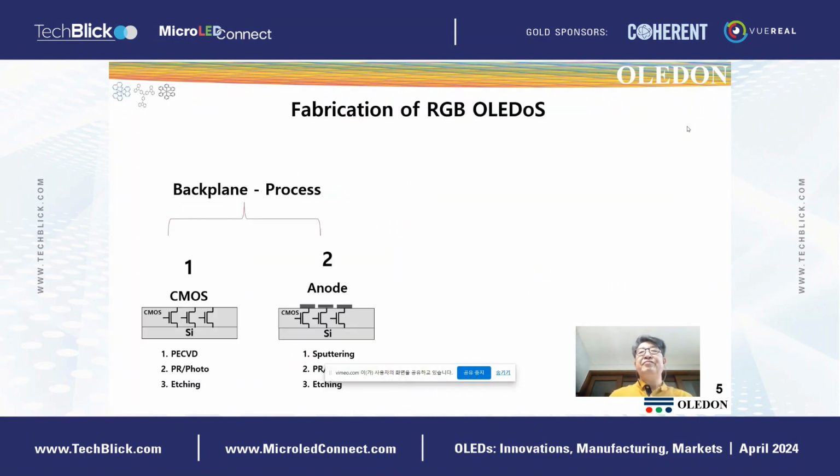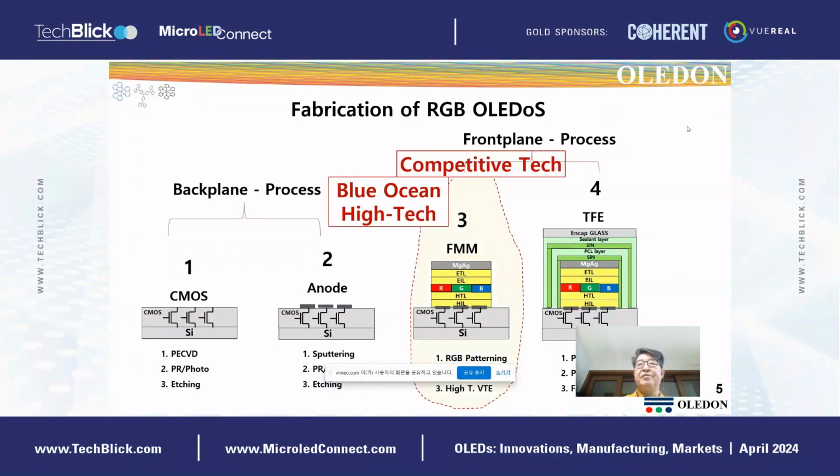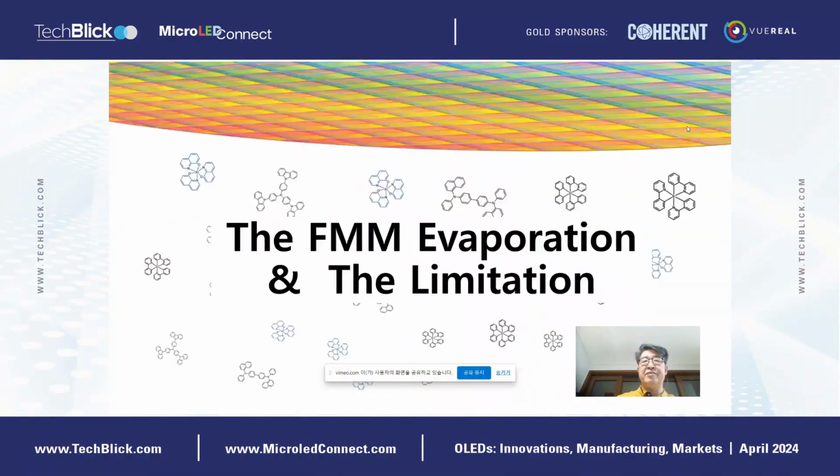The fabrication of RGB OLEDoS is going to have a CMOS fabrication, anode process, FMM evaporation process, and thin film encapsulation process. Above all, the FMM evaporation is going to give RGB patterns, which will be the most competitive technology as a blue ocean high tech in the display industry.